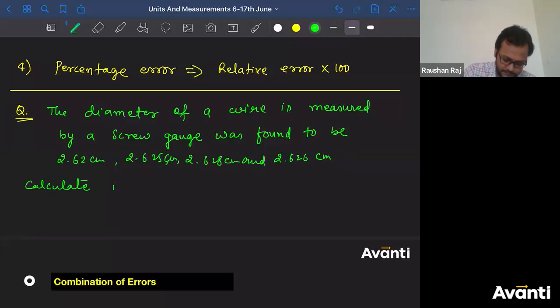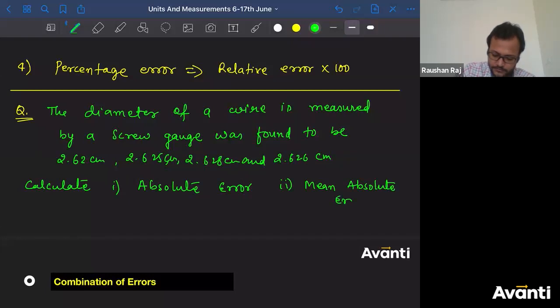Calculate first absolute error. ठीक है? First क्या है? Absolute error. Second one is mean absolute error.